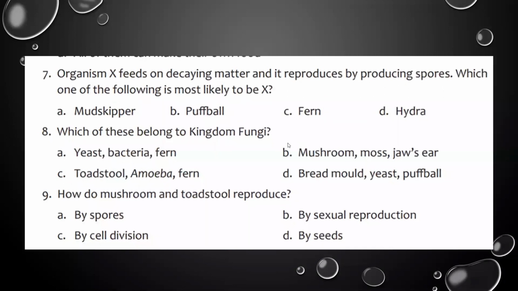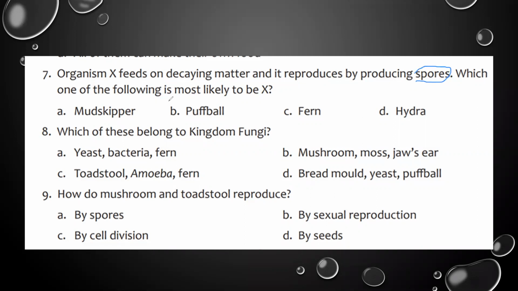Number 7. Organism X feeds on decaying matter and it reproduces by producing spores. Which one of the following is most likely to be X? Organism X feeds on decaying matter and reproduces through spores.